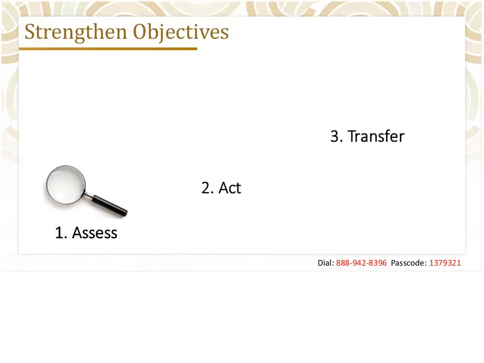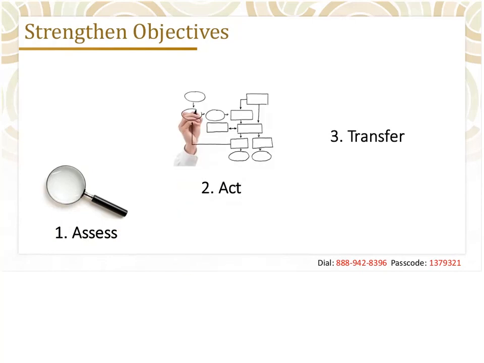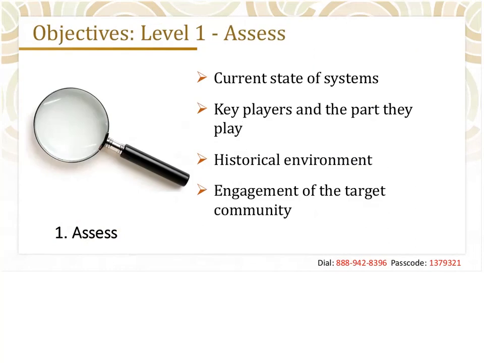The second is act, which is the specific capacity building action that we want the VISTAs to do. And the last is transfer. This helps the VISTAs and the sites complete the circle so that the sites can use what the VISTAs have done for long-term success. I just want to highlight a little bit more about what we mean when we say these particular components. So we're going to go to the next slide where we're looking at the assess piece.